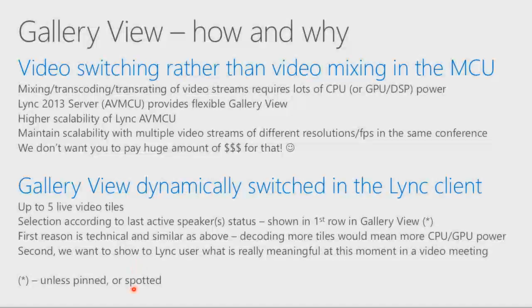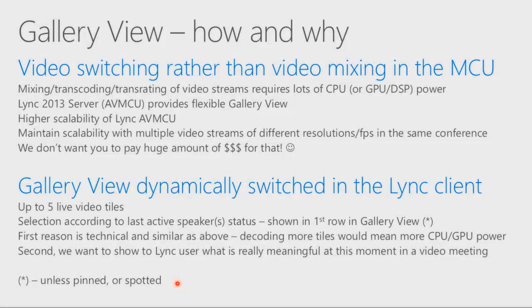I'm trying. OK, so up to five tiles here, right? What's also important about these tiles is, well, you probably know the algorithm of the selection of who is going there to the active tiles, what we sometimes call the standing row. It's not that feature that I think makes the gallery view great. It's the ability to say, I want to see this person, this person.